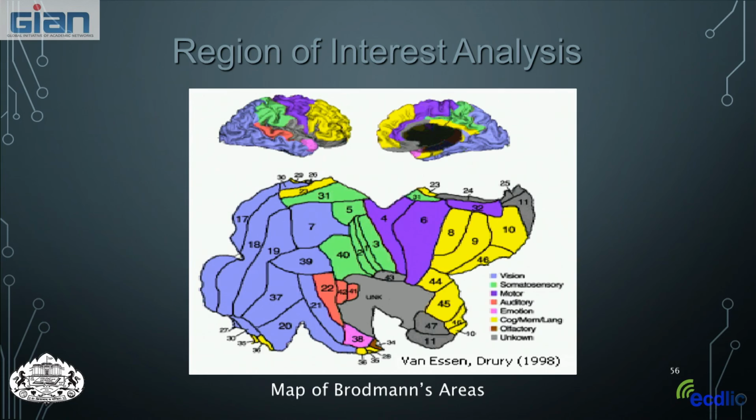A lot of the same numbers or adjacent areas are responsible, for example, for vision. The blue areas here in the back of the brain are different Brodmann divisions, but they're all responsible for the function of vision.